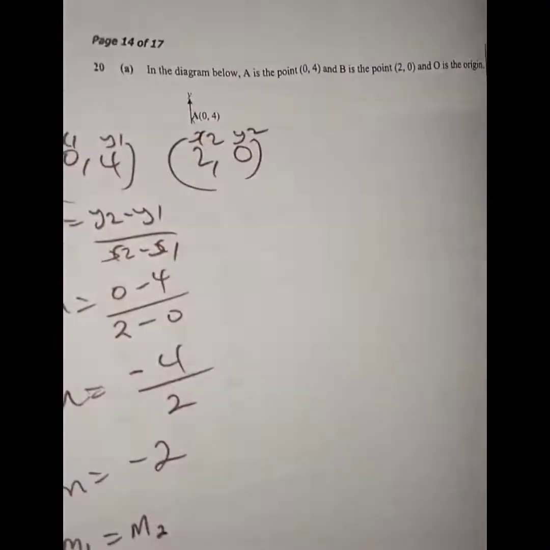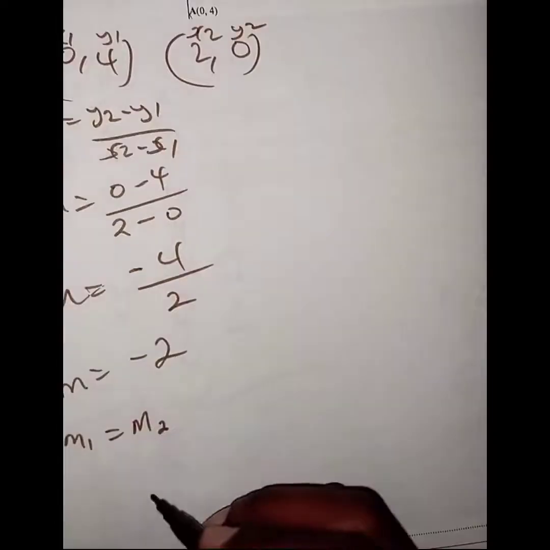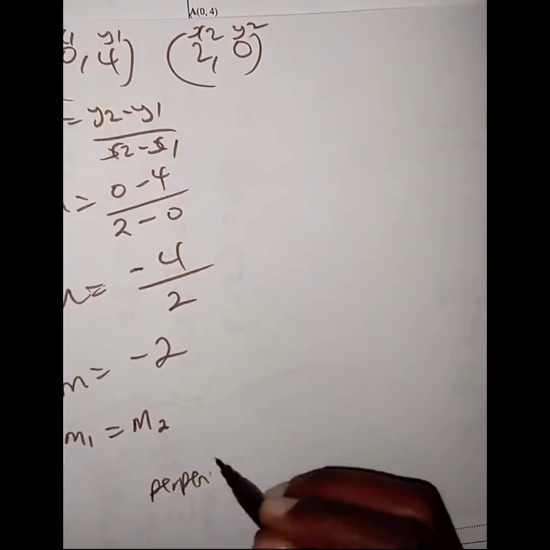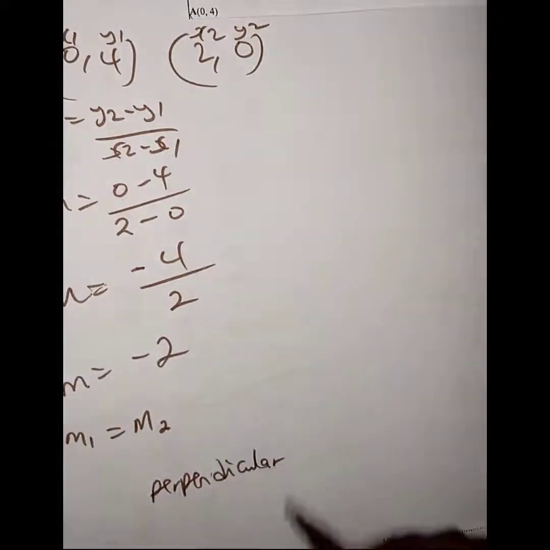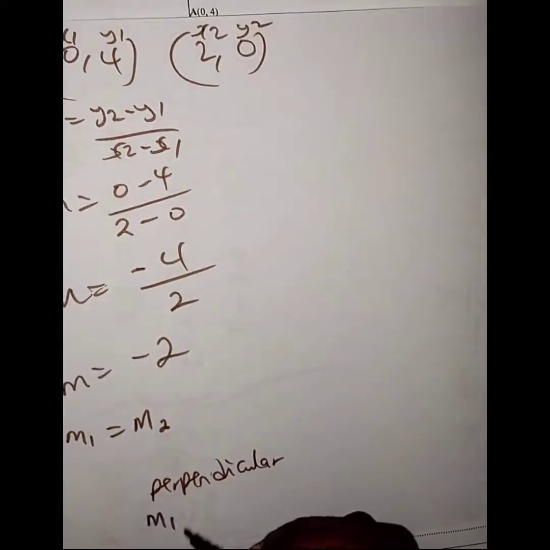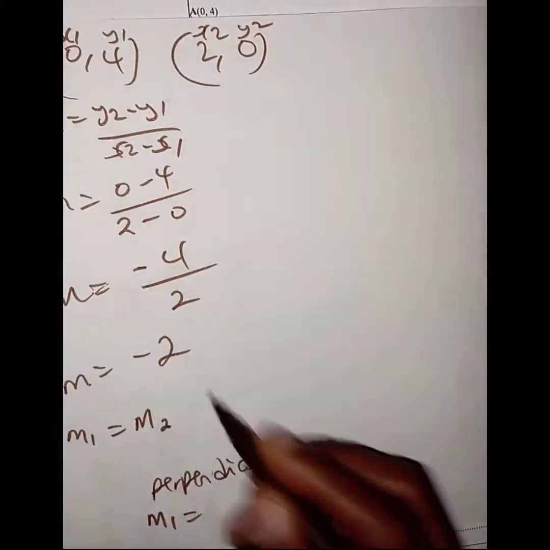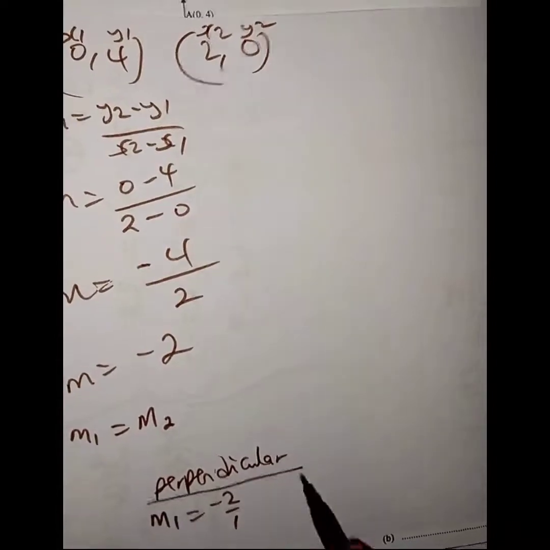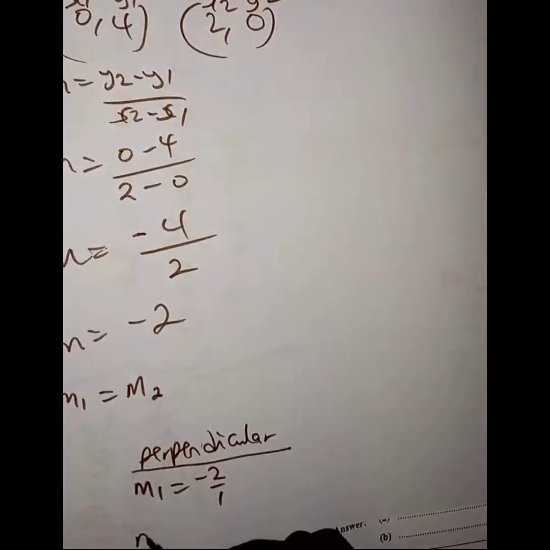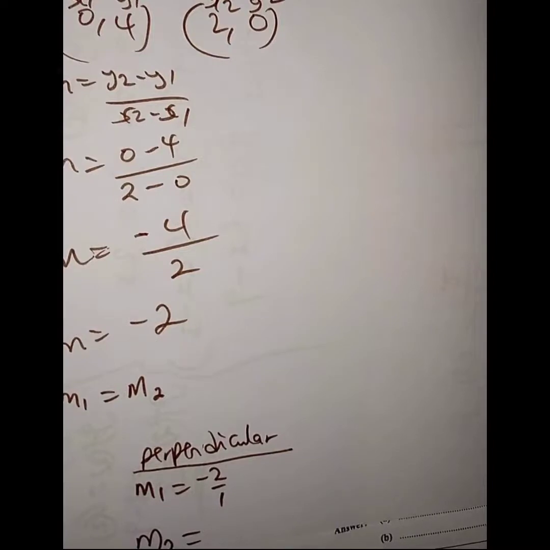But if they were to mention that those lines are perpendicular, since the first gradient is negative, which is this one, negative 2 over 1, it means you have to use the second gradient.